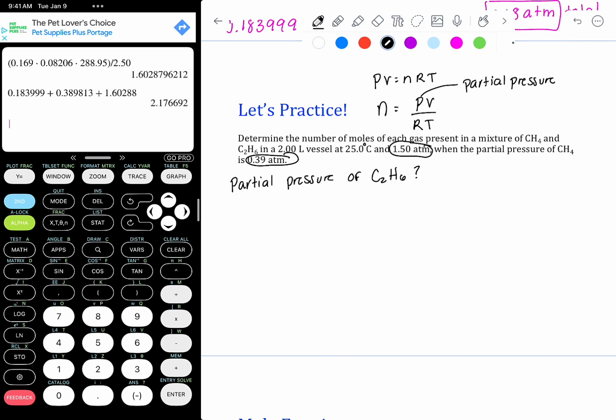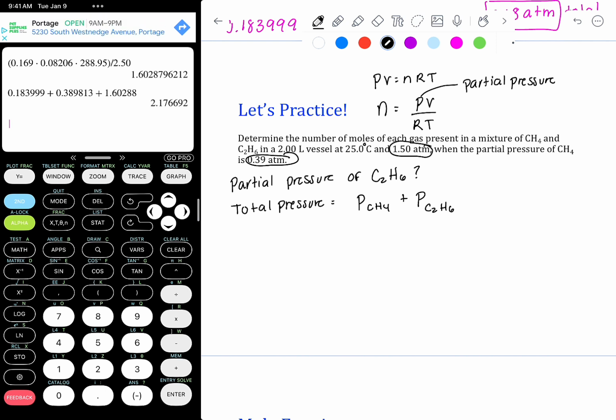So remember that the total pressure will be equal to the pressure of CH4 plus the pressure of C2H6.